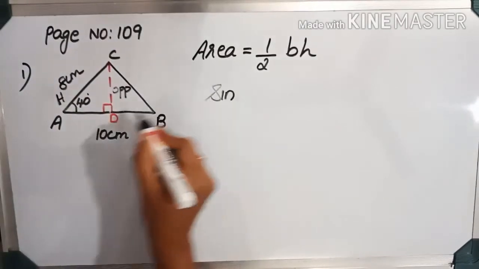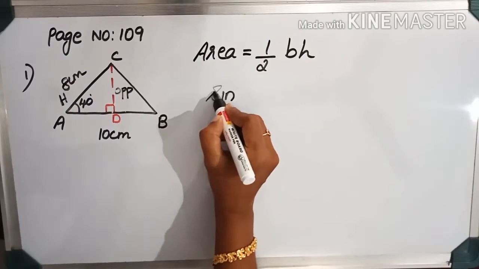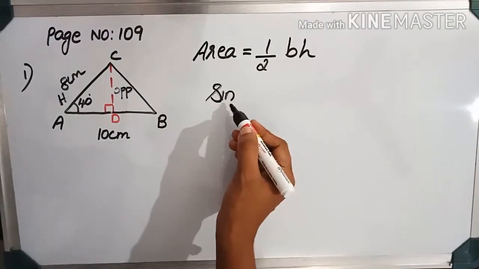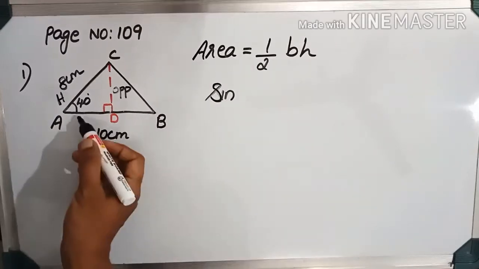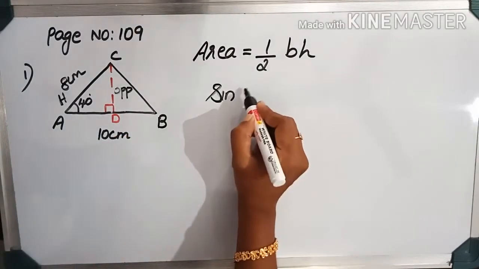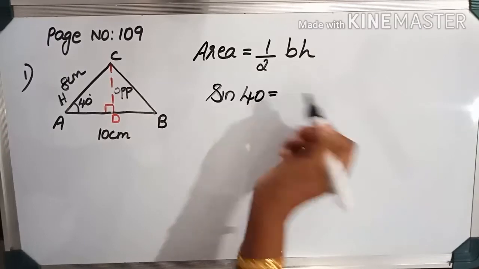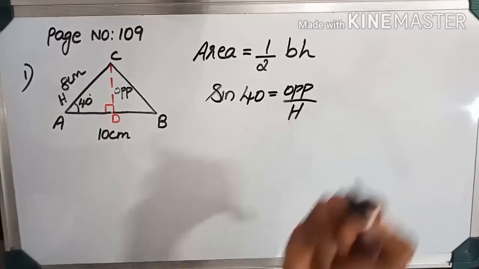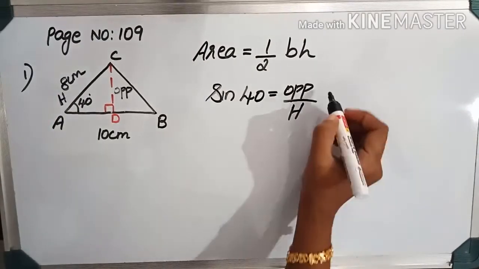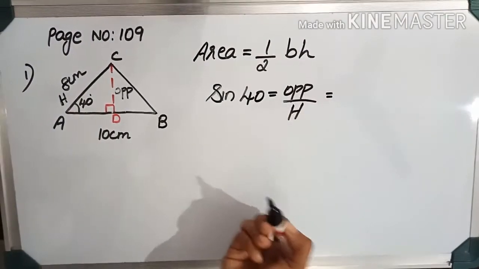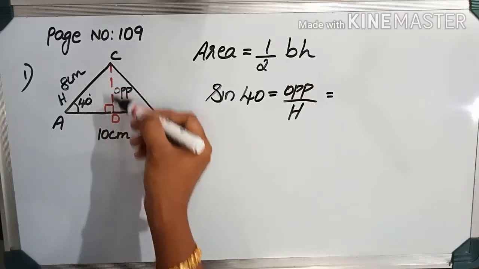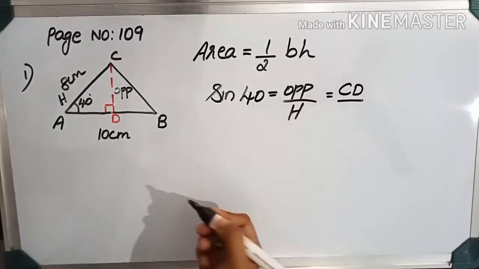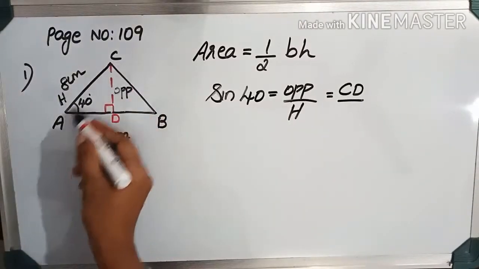Then only we will get the opposite side and hypotenuse relation, and we can find the opposite side, that is CD. Sine of the given angle, that is 40 degree. So sine 40 equal to opposite side by hypotenuse. The opposite side of 40 degree is CD, so CD divided by hypotenuse, which is AC.